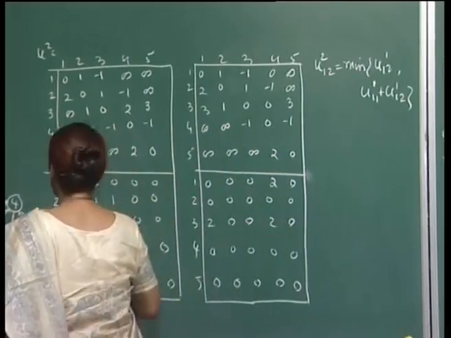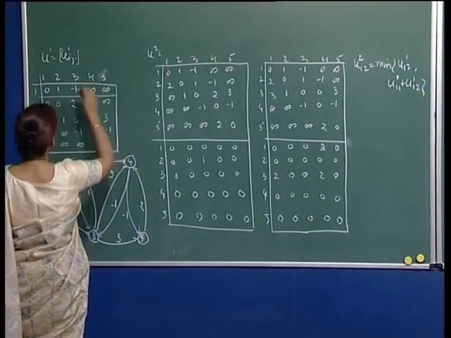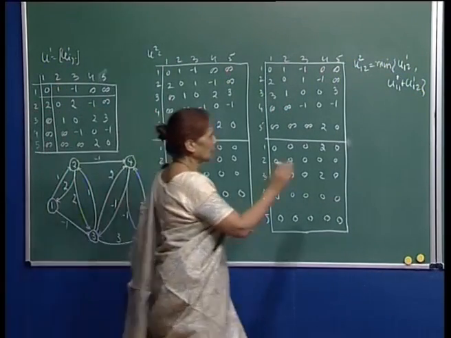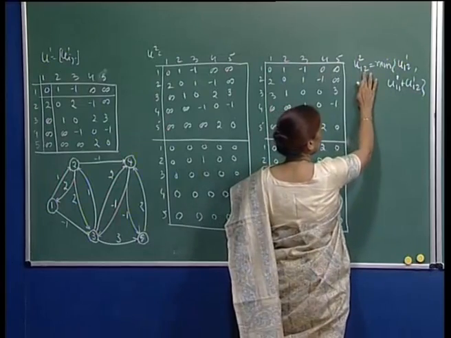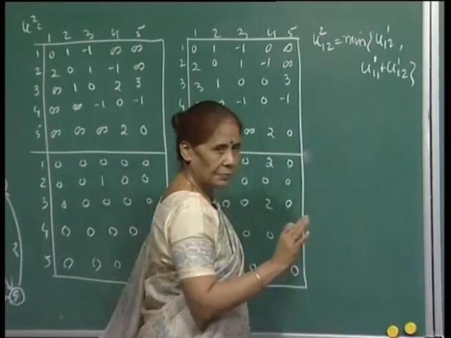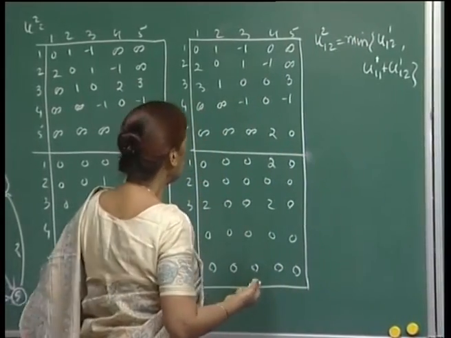So, there is no difference. In fact, I want to show you that when you are doing the computations for U2, that means you are including the node 1. So, the interpretation for this is that you want the shortest path between 1 and 2, where node 1 is included. So, either you include the node 1 or you do not, fine.